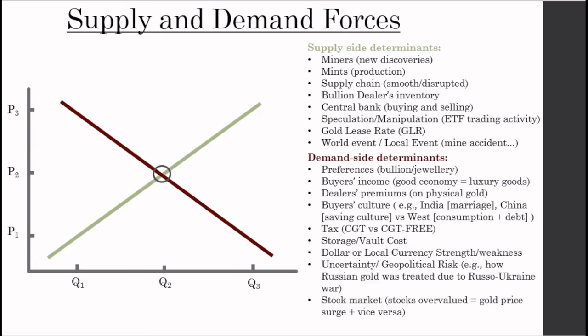But after this event, gold entered a downtrend, which was quite weird, because obviously the supply was being restricted, but there's still other producers in the market. I mean, there's gold being produced in South Africa, Mexico, many countries. Banning Russia is not going to affect supply a whole lot.